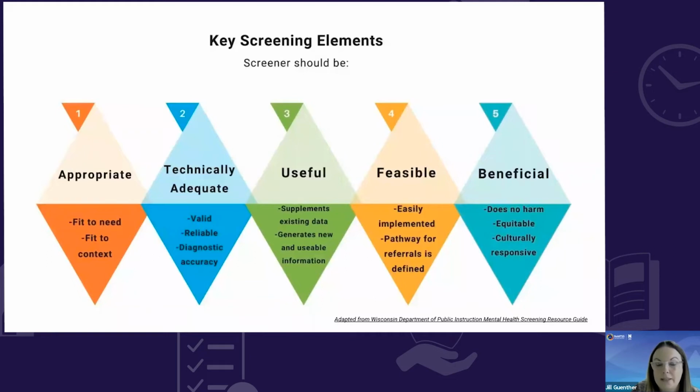So it's supplementing existing data and generating new and usable information. That it's also feasible, so it's easily implemented, and there's that pathway for referrals, so that is clearly defined. And then that it's beneficial, so does no harm, that it's equitable, and then also culturally responsive.